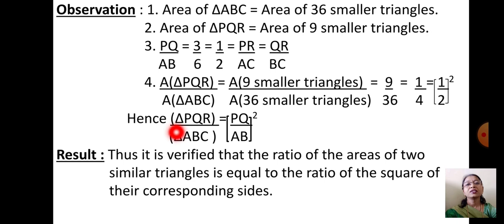So hence area of triangle PQR upon area of triangle ABC is 1 upon 2 the whole square, but 1 upon 2 is nothing but PQ upon AB. So that means it is PQ upon AB the whole square. So in this way we have proved that the ratio of the areas of two similar triangles is equal to the ratio of the squares of their corresponding sides.